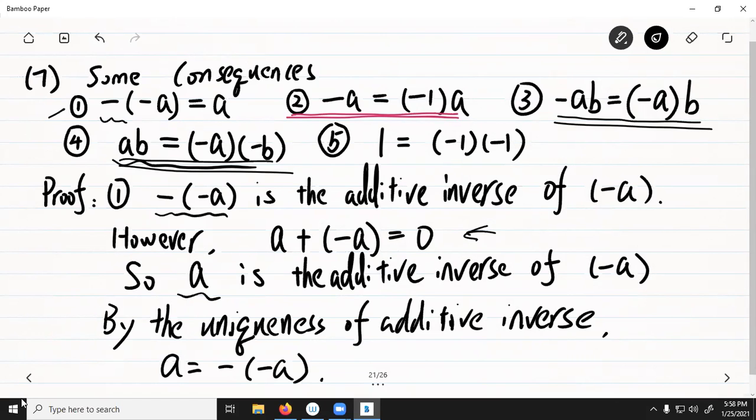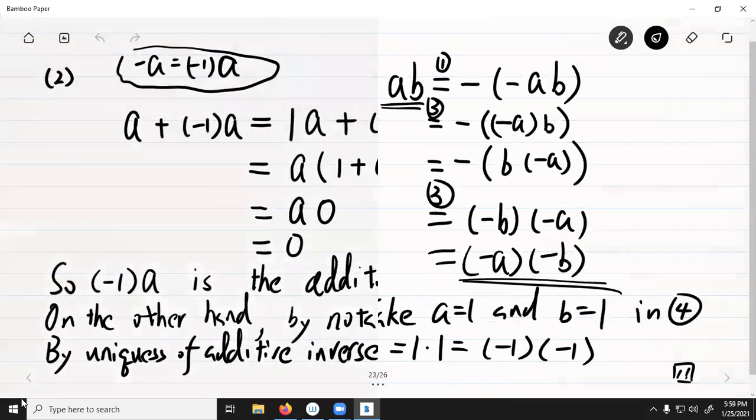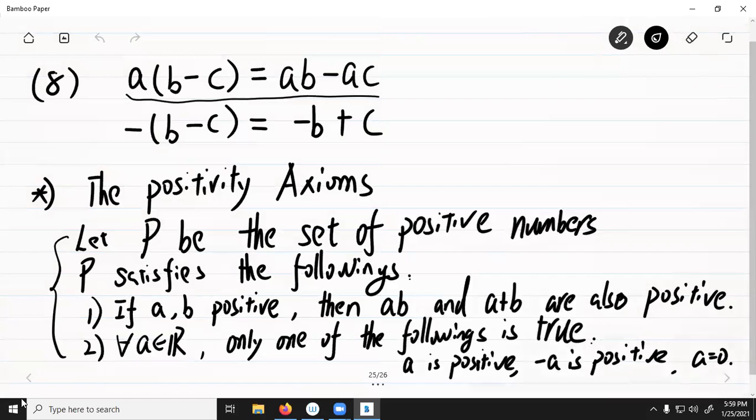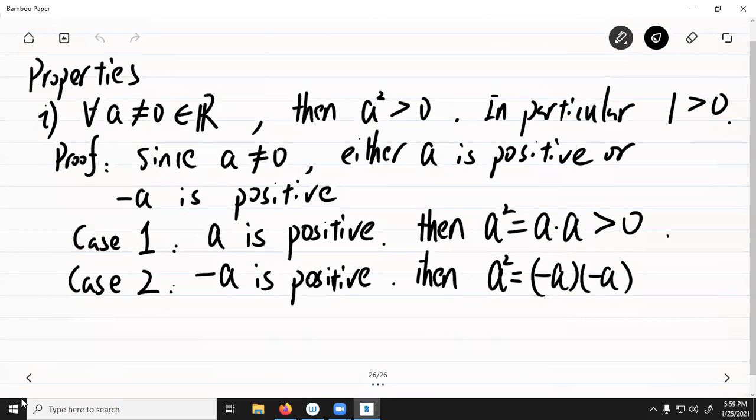This is the result we already have, so you can use it. Negative A is positive, and positive times positive, we know from the axiom, must be positive. So we prove this result: A squared is positive.